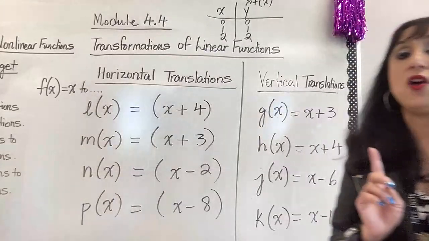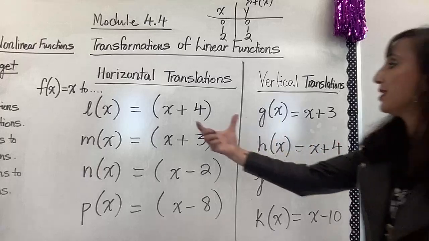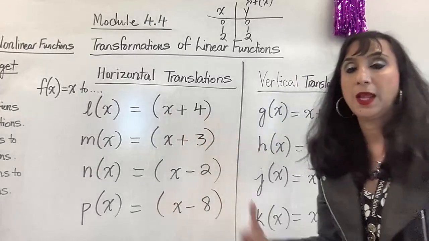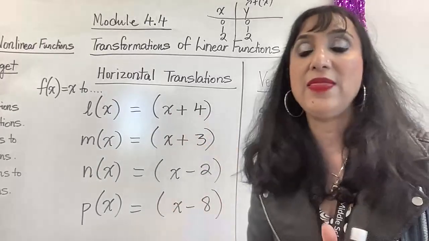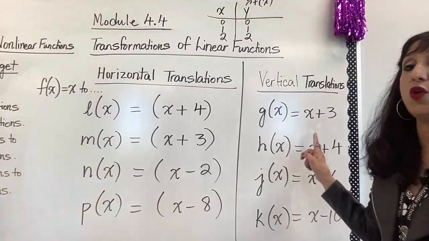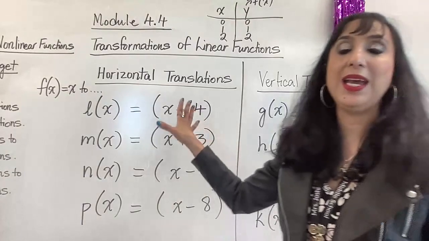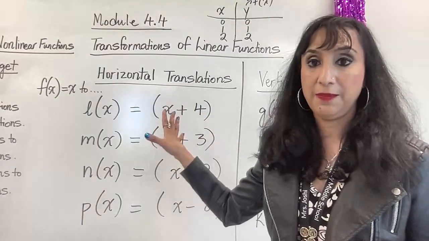Okay? Now, in a horizontal translation, look at the difference. These are now grouped within parentheses. And that's what's making the change, okay? Over here, there is no grouping. So the grouping is making the change. Now, biggest thing I need you to remember is this.